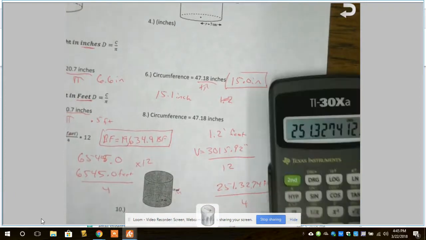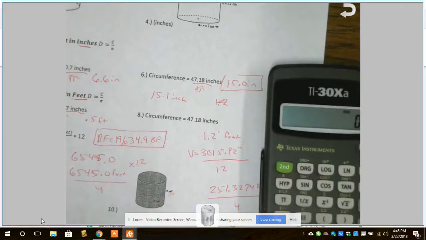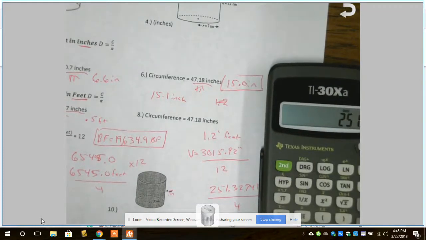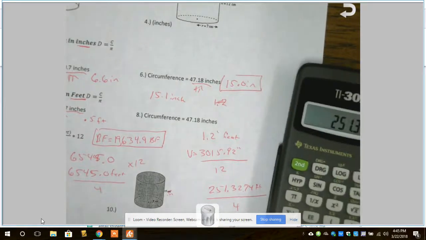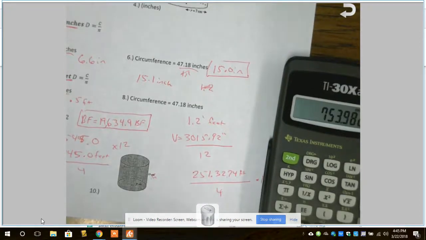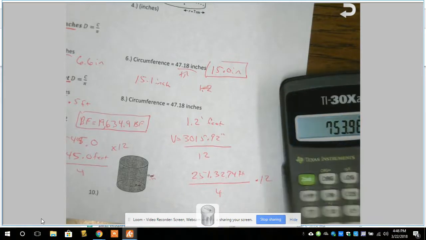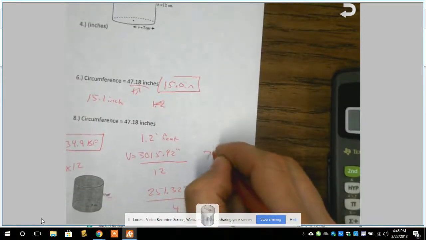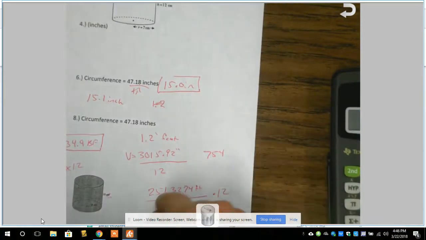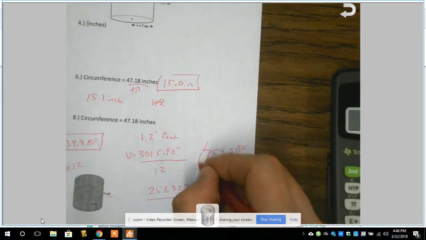So you have 251.3274 divided by 4 times 12 equals. It should be about 754.0 board feet. Okay, so hopefully that helps.